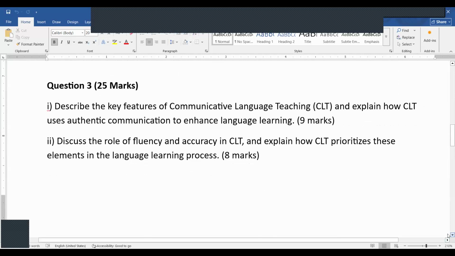And here, I think we did communicative language teaching also. Describe the key features of communicative language teaching.